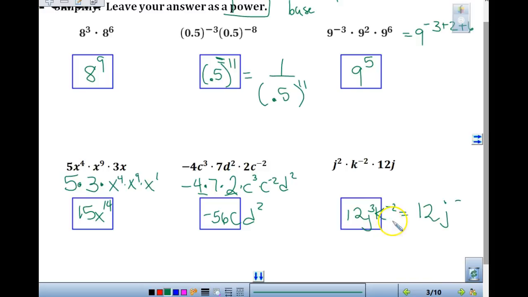So from this answer right here, why do I want to change it more? Because I have a what? Yeah, I don't want negative. So we're still keeping the j to the 3. What am I doing? Does it help if I put this over 1? What power? No longer -2, positive, okay? So as you are looking at that.